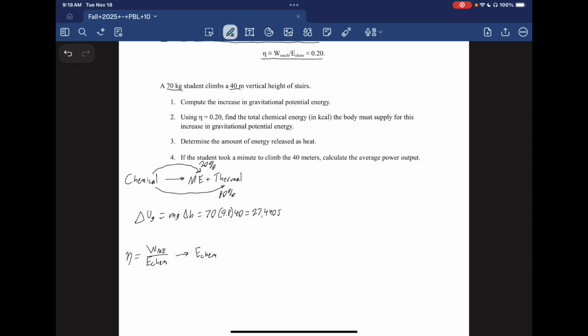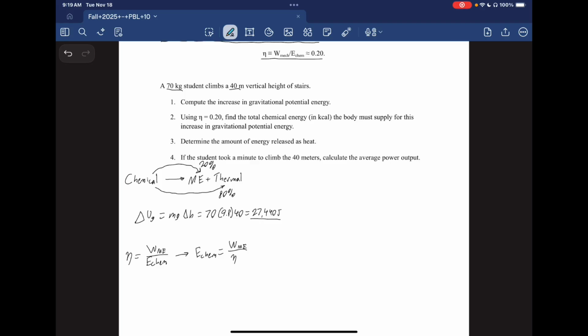So we can rearrange this to say that the chemical energy equals the work from the mechanical energy divided by our eta.